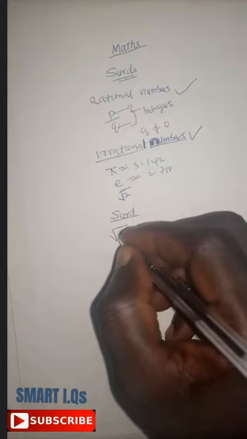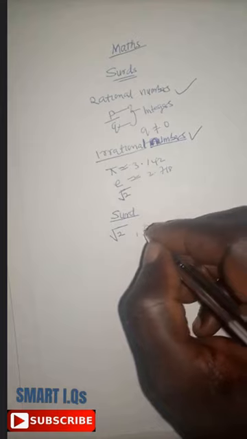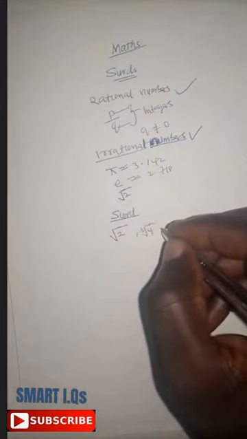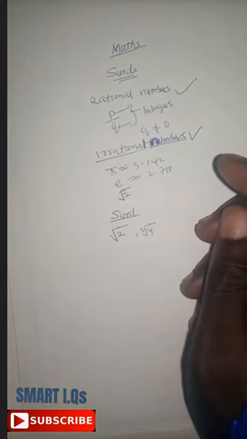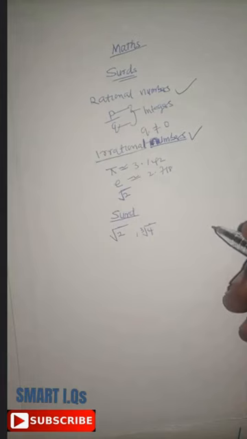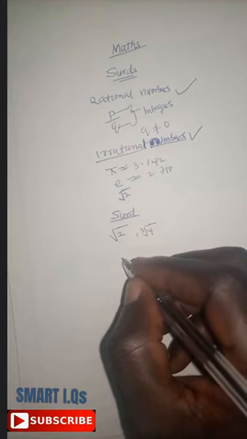So let's say we have the square root of 2, the cube root of 4. These are examples of surds. Remember, roots of numbers that cannot be simplified into rational numbers, and we've understood what rational numbers are already.